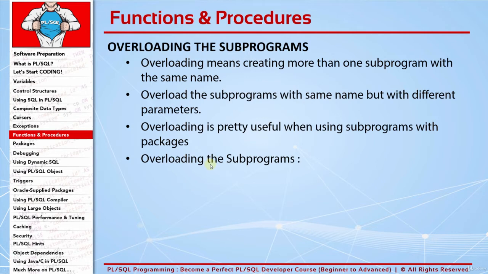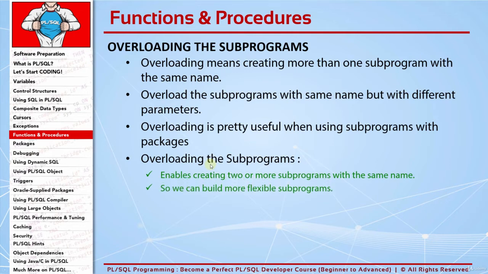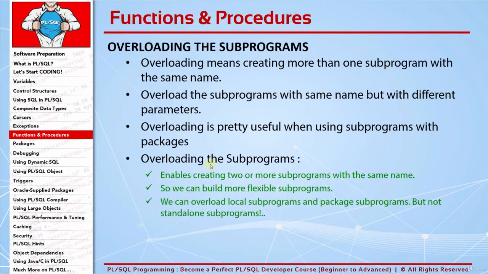Basically, overloading the subprograms enables us to create two or more subprograms with the same name. So this will enable us to build more flexible subprograms and allows us to overload the local subprograms and package subprograms. But be aware that not standalone subprograms. This is important. We know that we can create standalone subprograms under our schema.